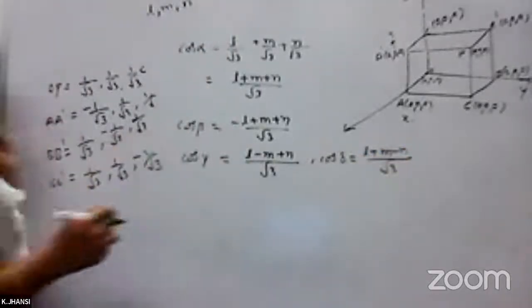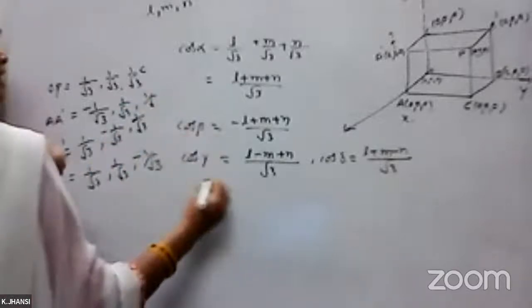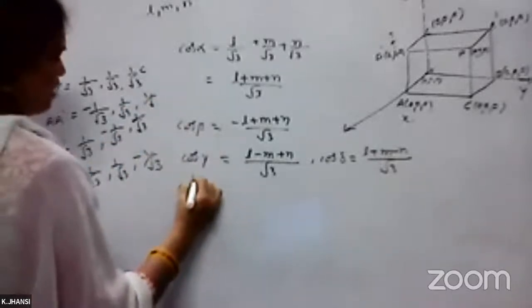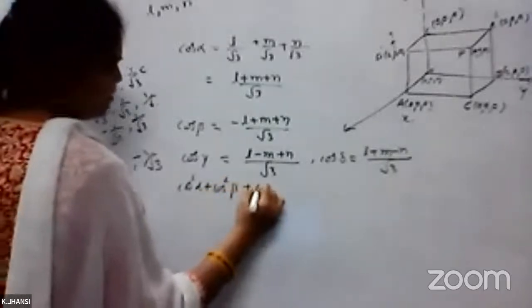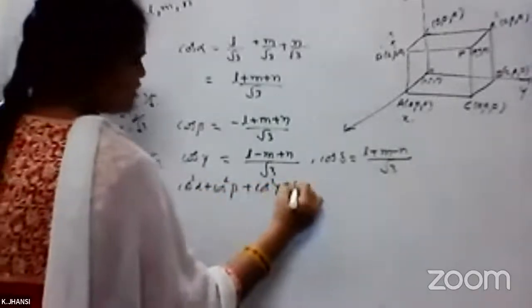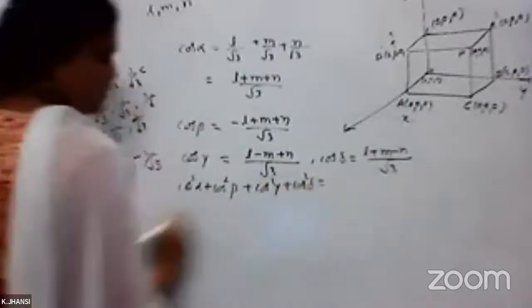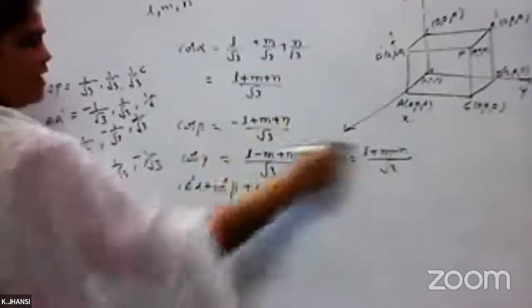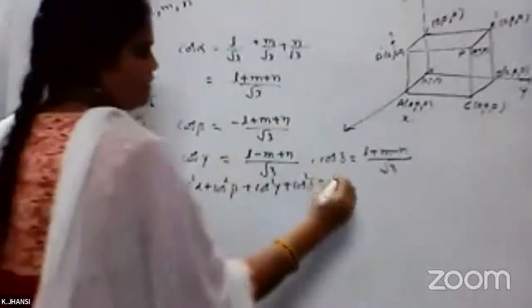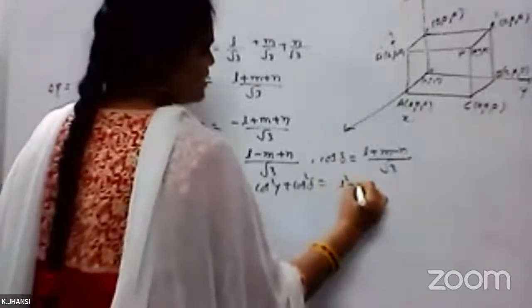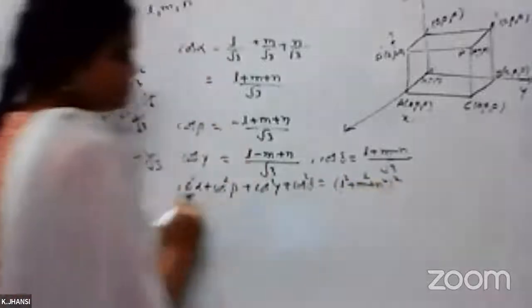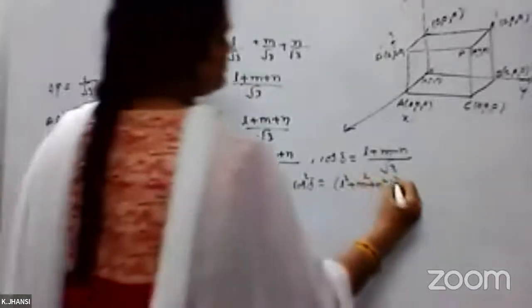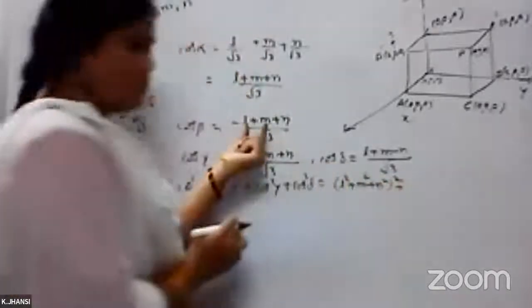Okay. So then we have to show in the theorem that cos square alpha plus cos square beta plus cos square gamma plus cos square delta. So now you do the square of these and add them. Square of this one means you will get L square plus M square plus N square whole square. All four you have to do.